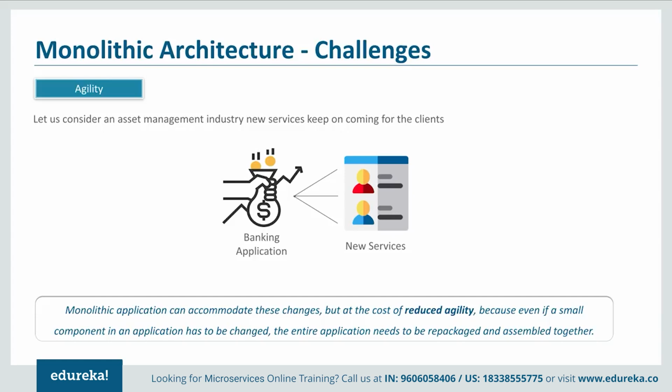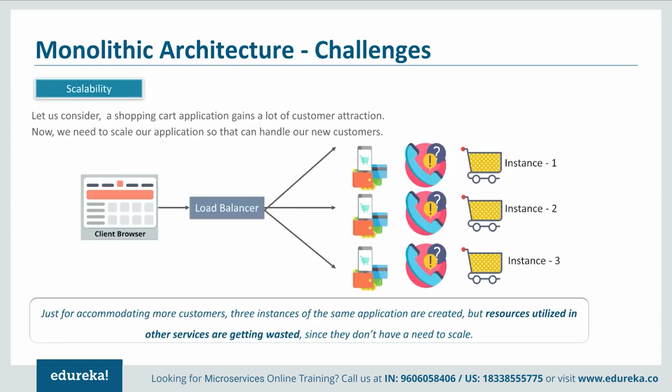Well, I would say it definitely could. But yes, there's a problem here. The problem is here it could accommodate the changes but at the cost of reduced agility. Why do you think this happened? This happened because even if a small component in an application had to be changed, the entire application had to be repackaged together.